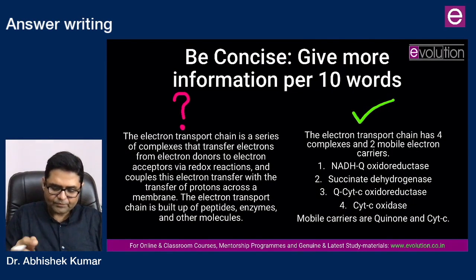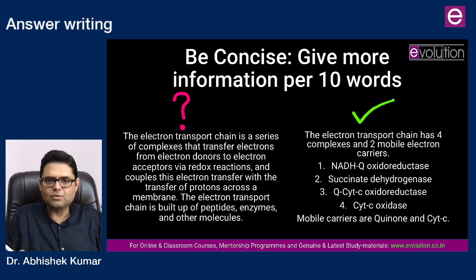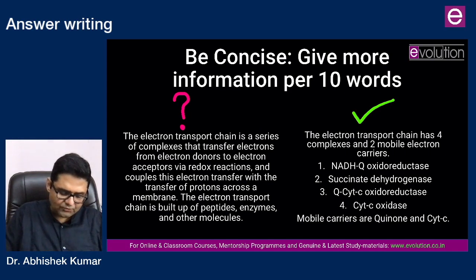Moving further, be concise. That basically means give more information per 10 words. Most of your answers are going to be 120 words, 150 words, at a max 180 words. So per 10 words, you have to give more information than your competitors. Read the 2 parts, the questionable part first.